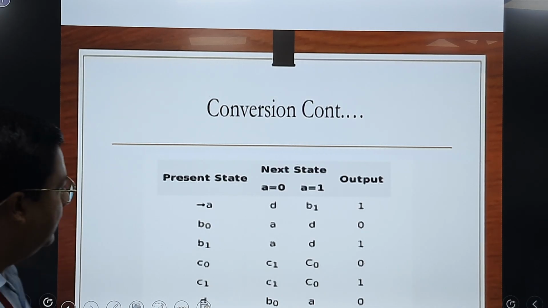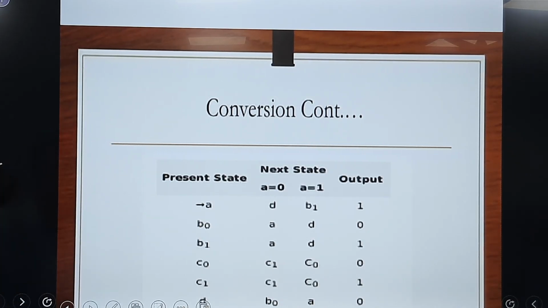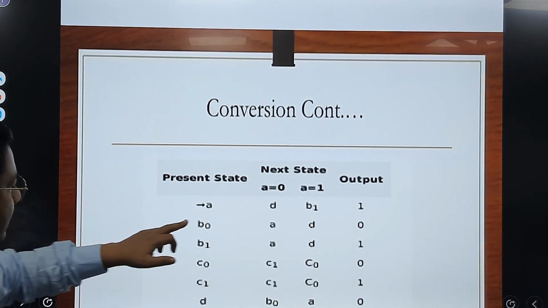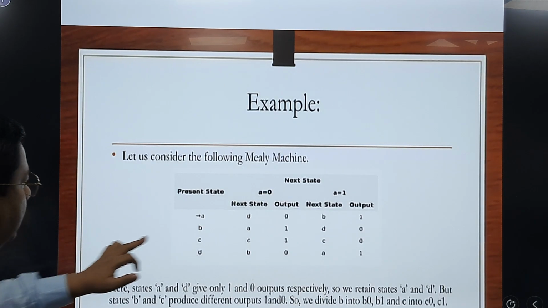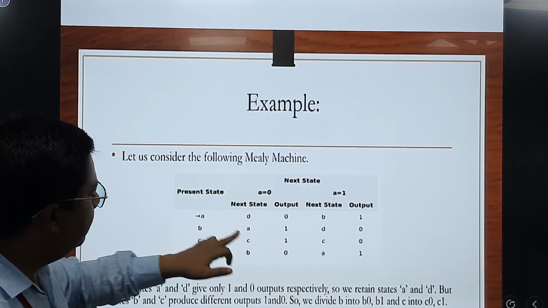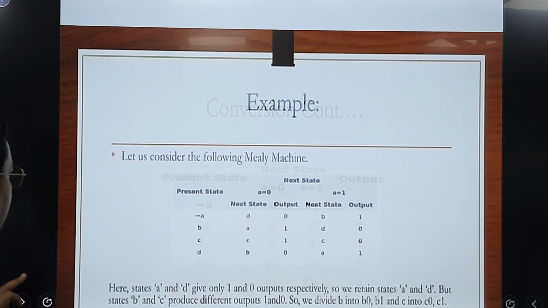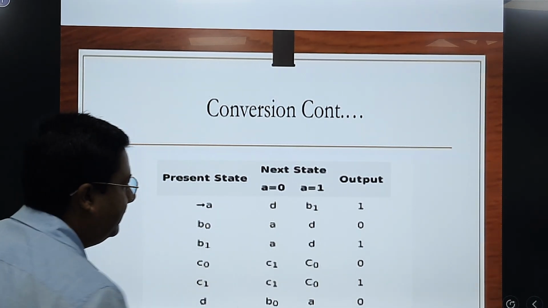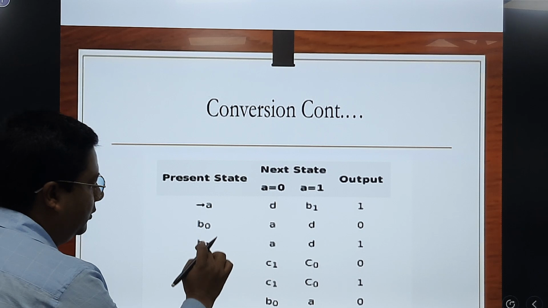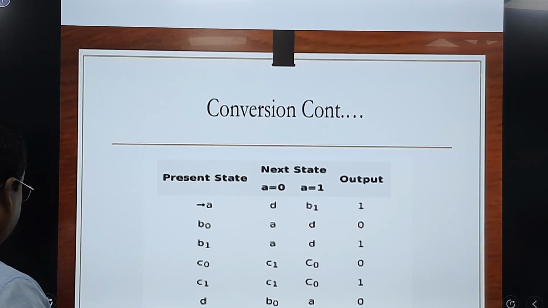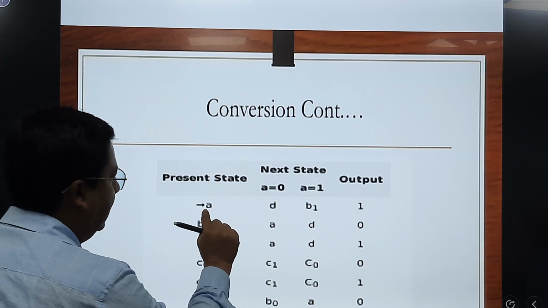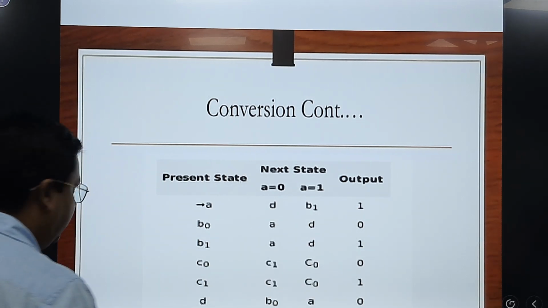See this. At A we have the one value 1. So at A we are getting 1 only. So the states are A, B0, B1, C0, C1, D. These are the 6 states we have written. There is no problem in the A line. For A, B1, 1, how have we made it?